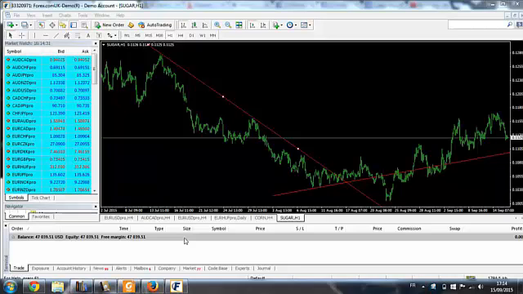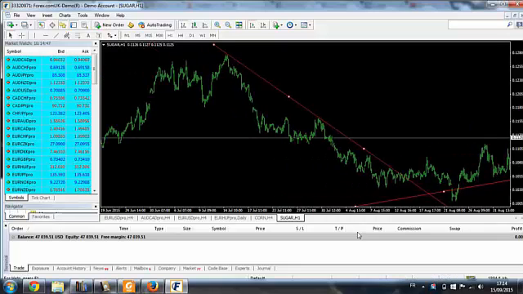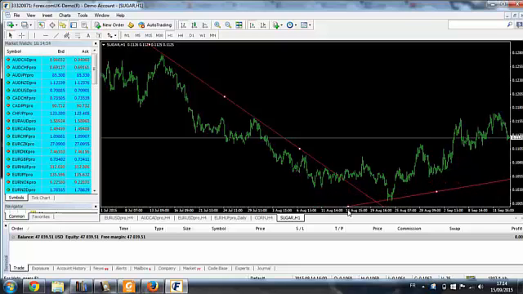So for example, the trend is a downtrend and the trend line is broken here, so we have a new uptrend there. So we have a new uptrend here. I'm going to fix the problem. We have an uptrend.